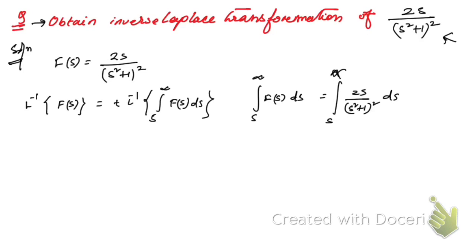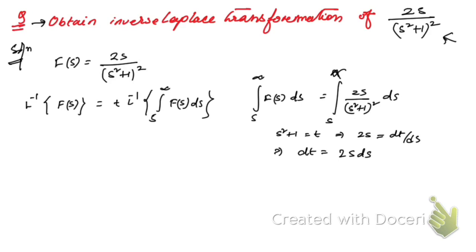If we consider s square plus 1 equal to t, then differentiating with respect to s, 2s equals dt by ds, which means dt equals 2s ds.